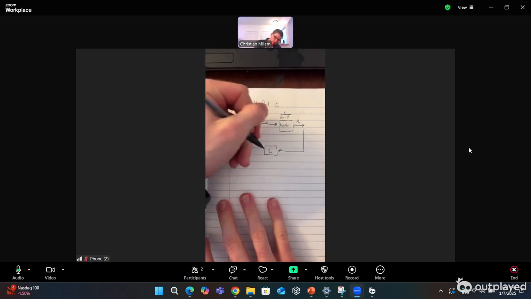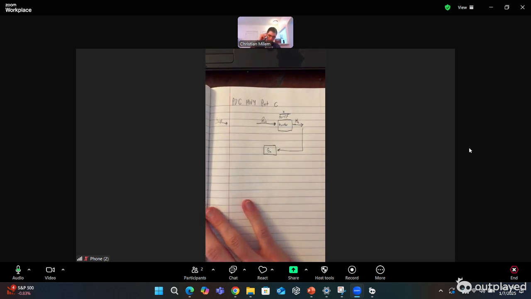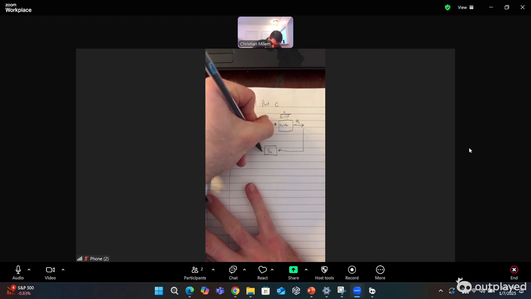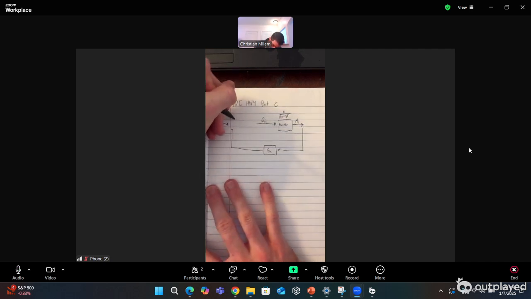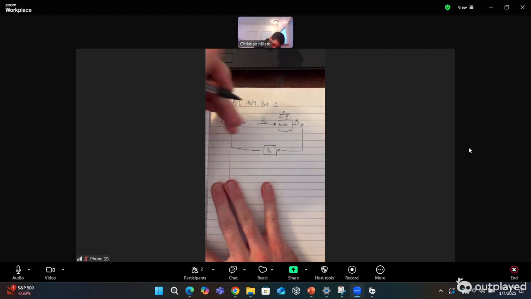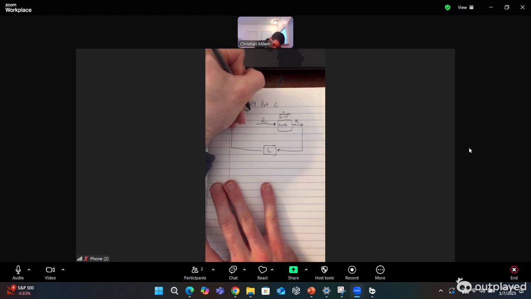So this is going into some kind of measuring device, and it's calibrated to give us back what kind of height we have. This is going to go back here, and what this is going to give is an error. That error is simply going to be the height of our set point minus the height that we actually have.